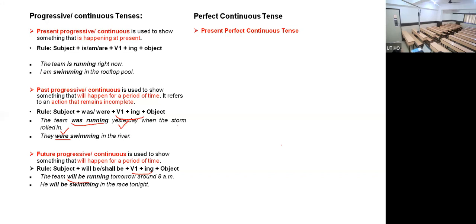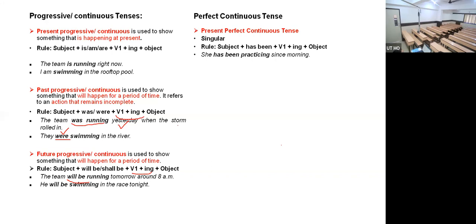Okay. Now we come to the present perfect continuous tense. Now this was just the continuous tense. Now there's another one which is called perfect continuous tense. When you talk about perfect tenses, again we have the singular and plural coming in when we talk about the present tenses.